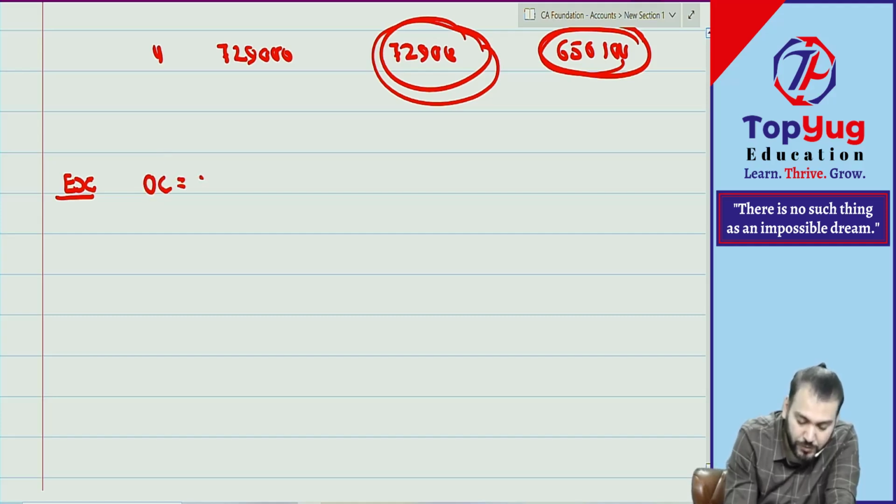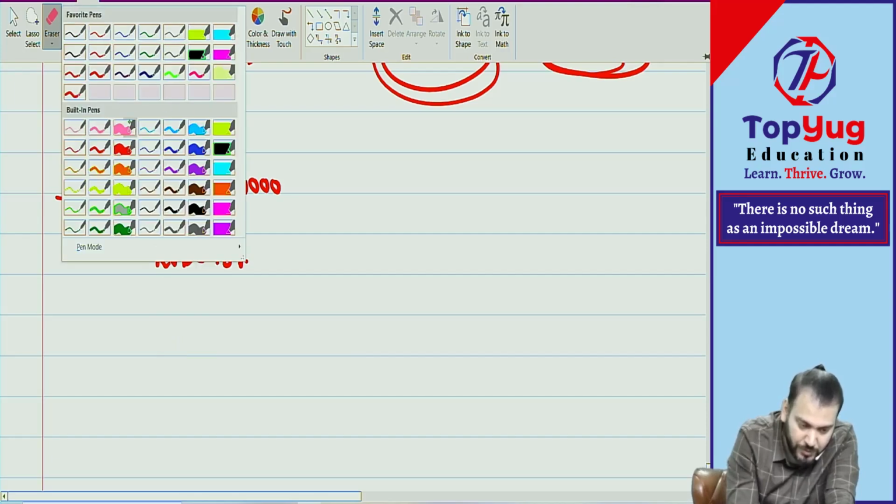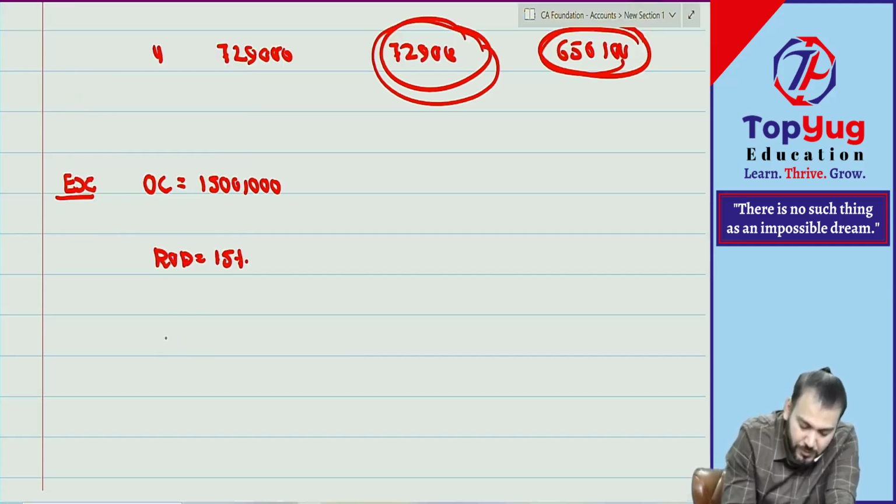Original cost 15 lakh. Rate of depreciation 15%. Useful life not required. Rate of depreciation is 15%.